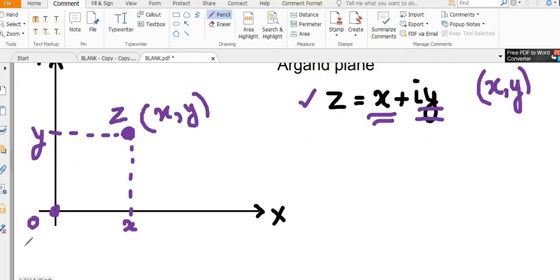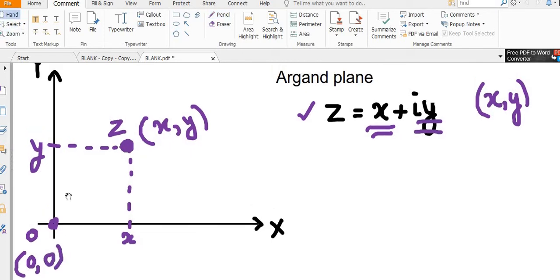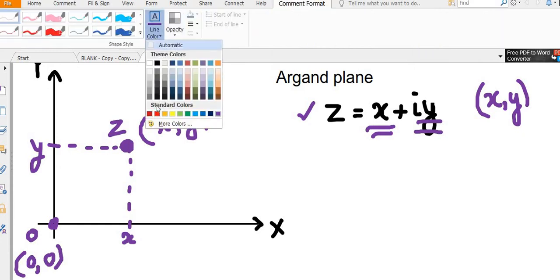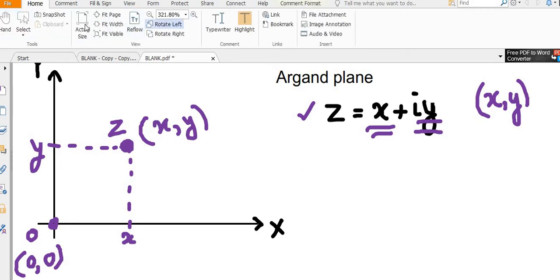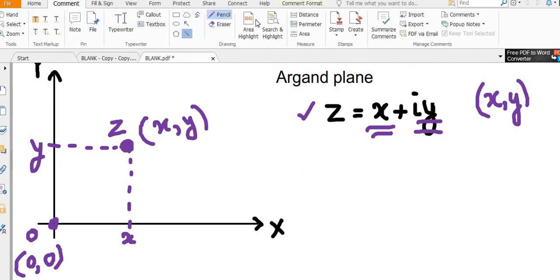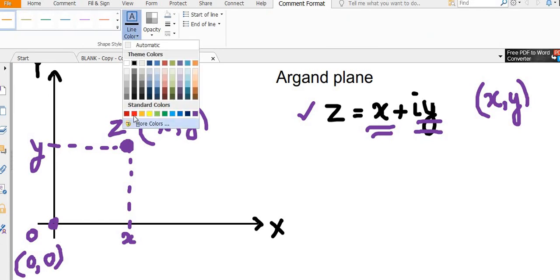Now what is the coordinate of the origin? The coordinate of the origin is 0, 0. So that's the origin of the Argand plane. Now how far are 2 points? We know that for any 2 points on a two-dimensional space, if I want to mark the distance, let me use a red line to denote that.